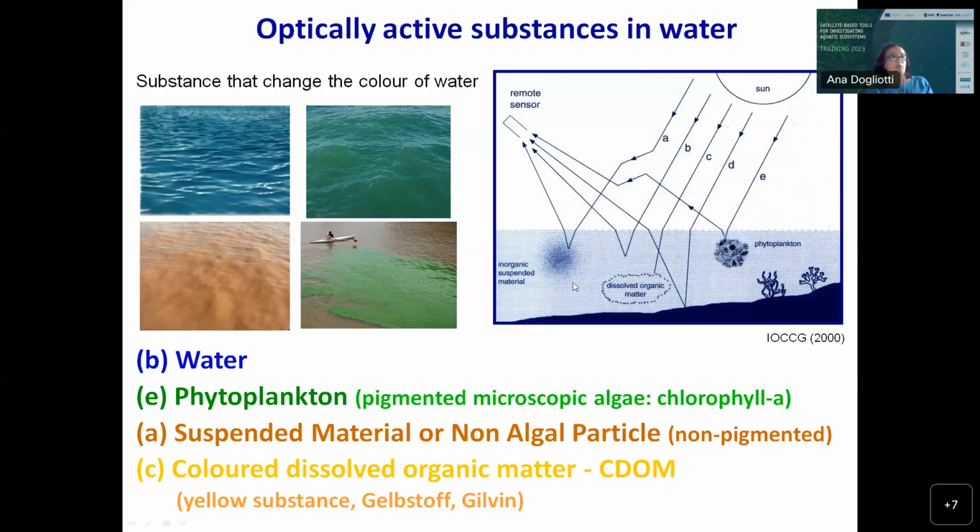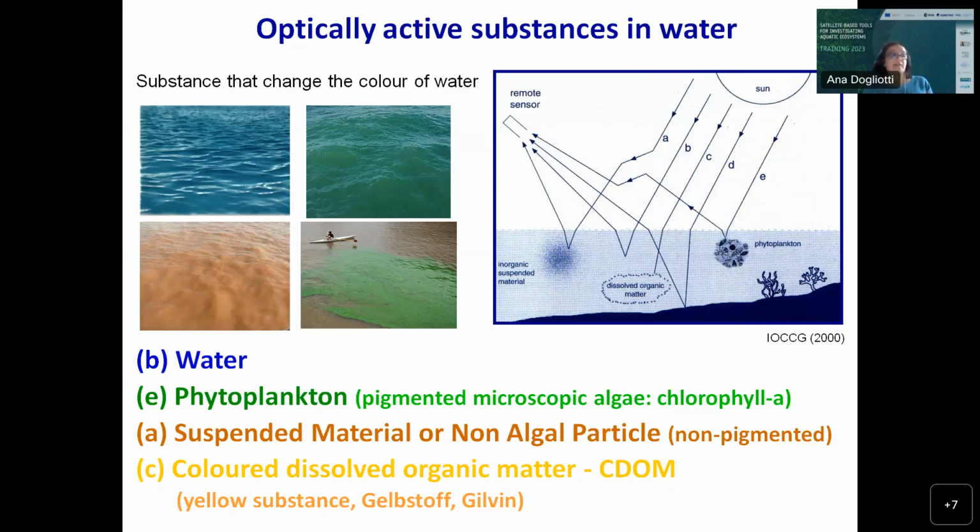Also, what we call suspended material, particles or non-algal particles, because these are particles suspended in the water. Phytoplankton too are particles, but in this case, we separate whether they have pigments or not. So non-algal particles are particles that are not pigmented.